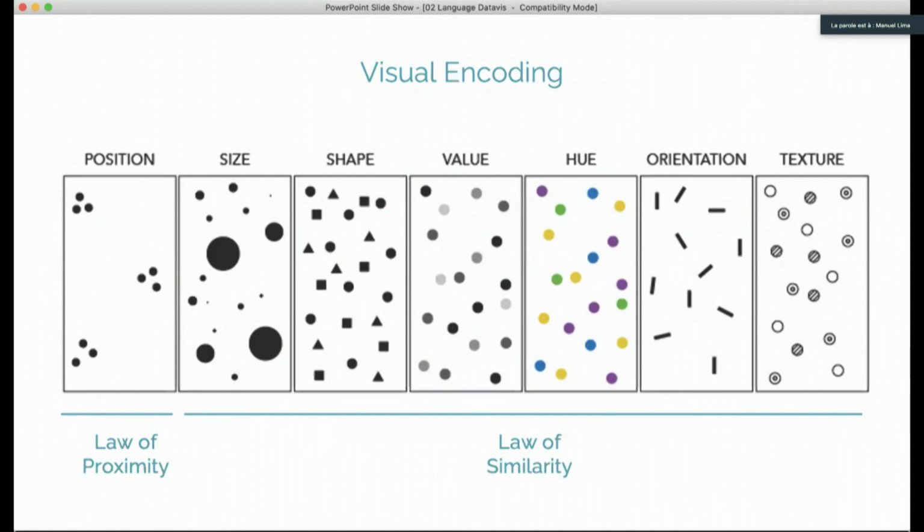This is just another way of looking at the visual encoding of all of these. And what's great about many of these variables is that they all fall into Gestalt. The position is all about the law of proximity. And then the various differences of shape, size, color, orientation fall into the law of similarity.